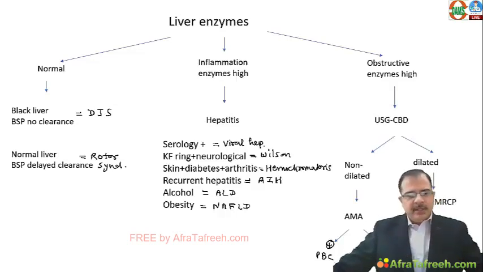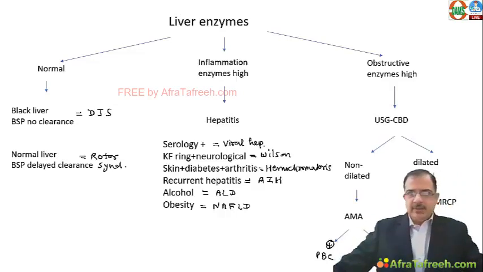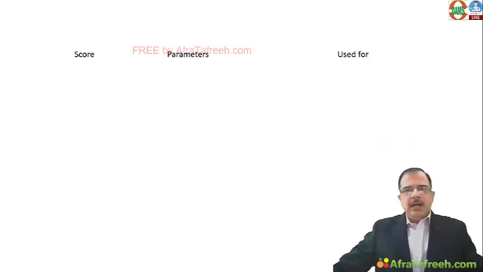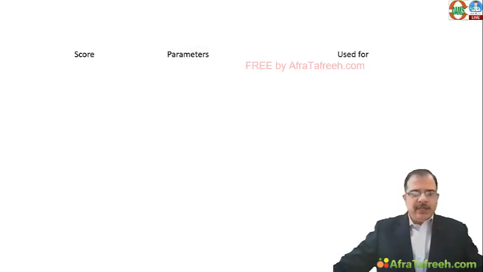So this is an important flow chart of how to approach clinical cases where liver enzymes are elevated. Now, coming to the liver, you might be asked some scoring systems, which parameters are used and which are not, and where these scoring systems are used.